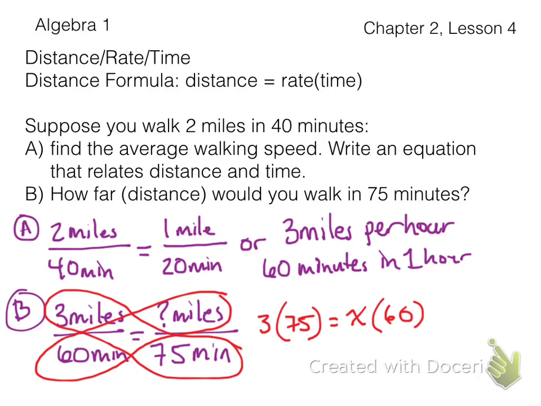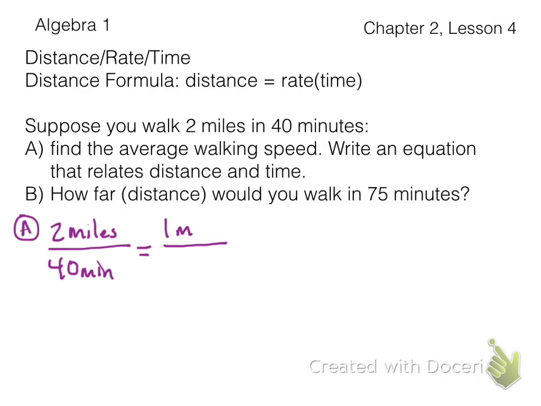So it takes me 20 minutes to walk 1 mile. Actually, I changed it: it's 2 miles over 40 minutes, and if we divide, it ends up being 1 mile over 20 minutes, because it takes me 20 minutes to walk a mile.